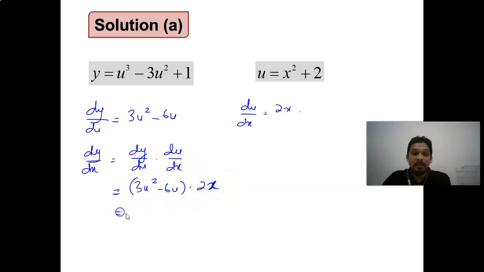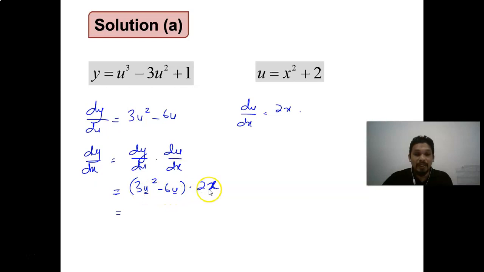Okay, if you realize that the value of u here, 3u squared minus 6u, du dx equals 2x, what are we going to substitute for this u?